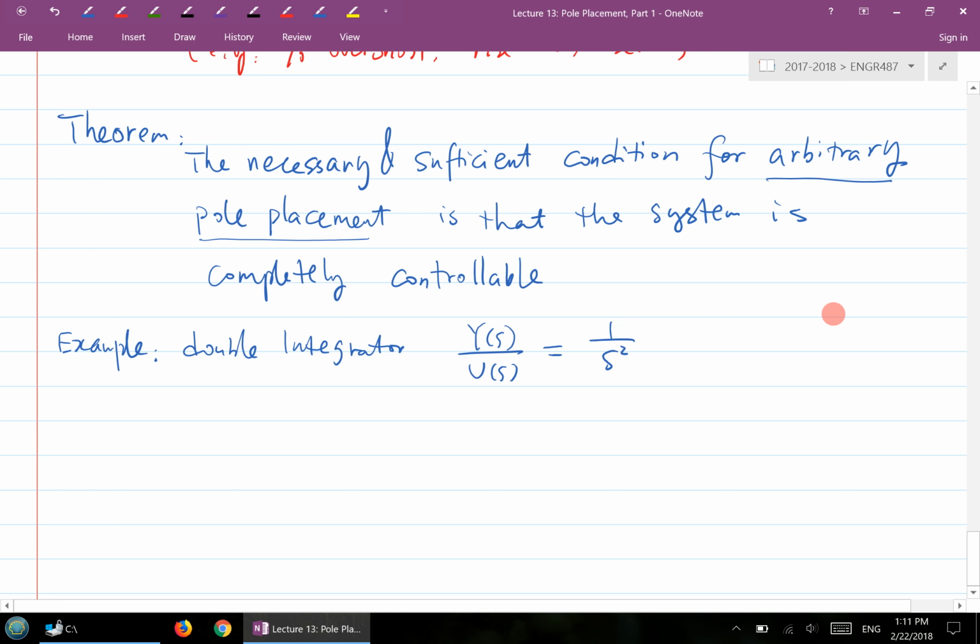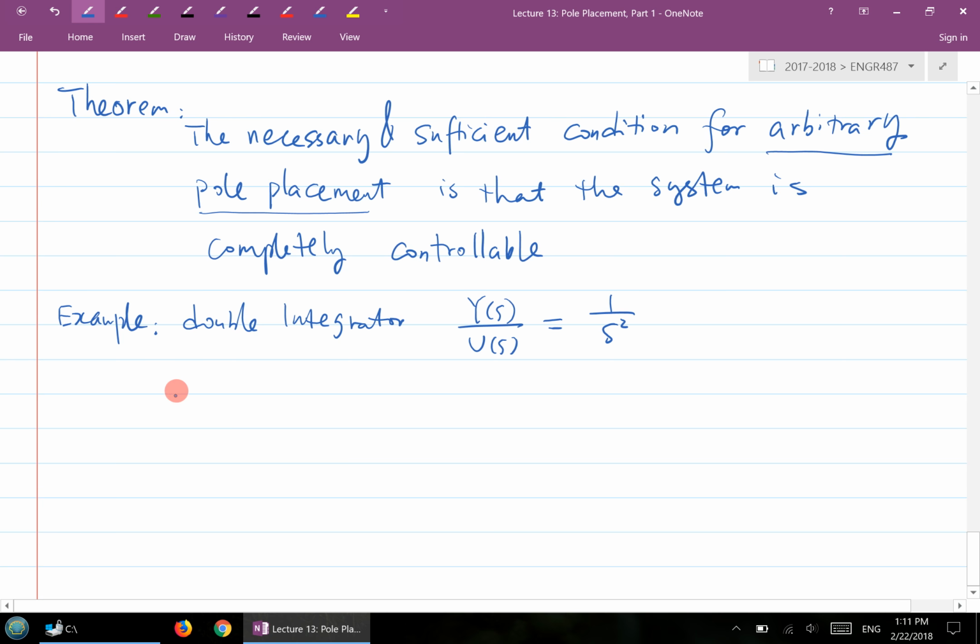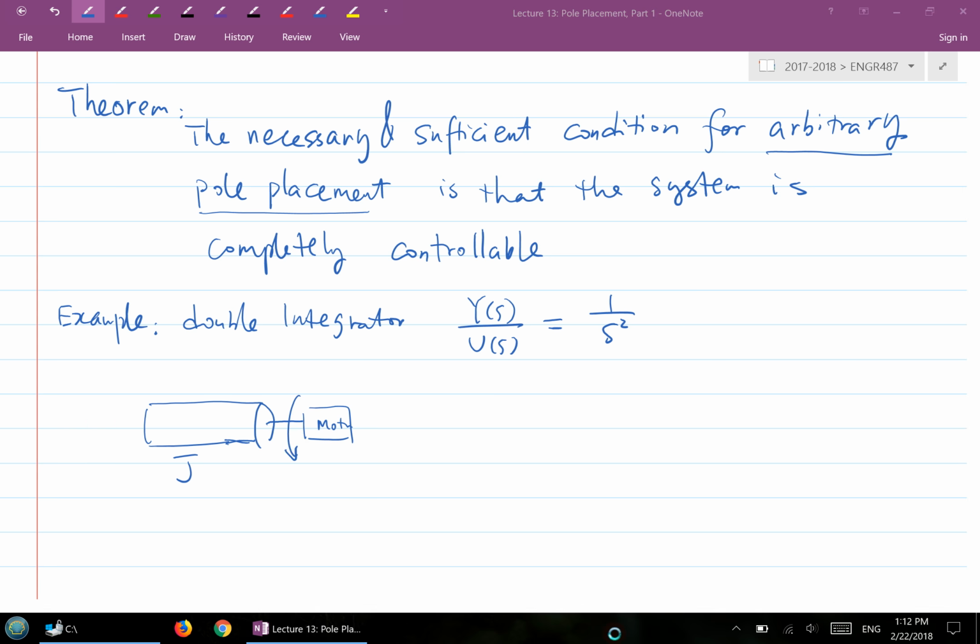It's actually a very common description for many systems. One type of system is, let's say, a mechanical object with a certain moment of inertia J, and you're driving it with a motor, trying to rotate this mechanical object. So you apply a torque and rotate this moment of inertia. It's a very, very simple system.